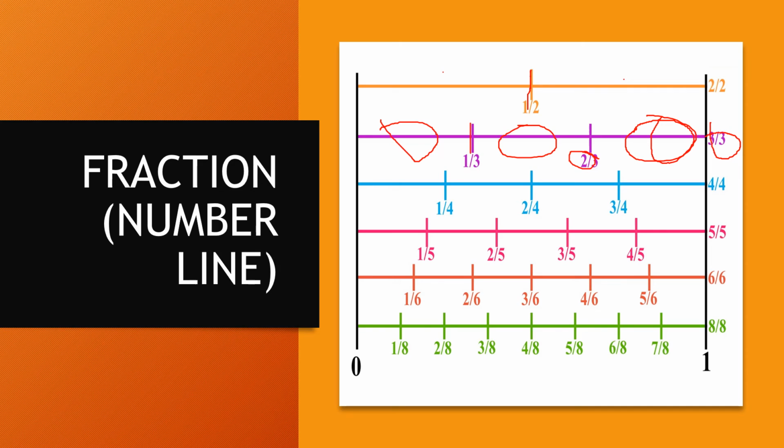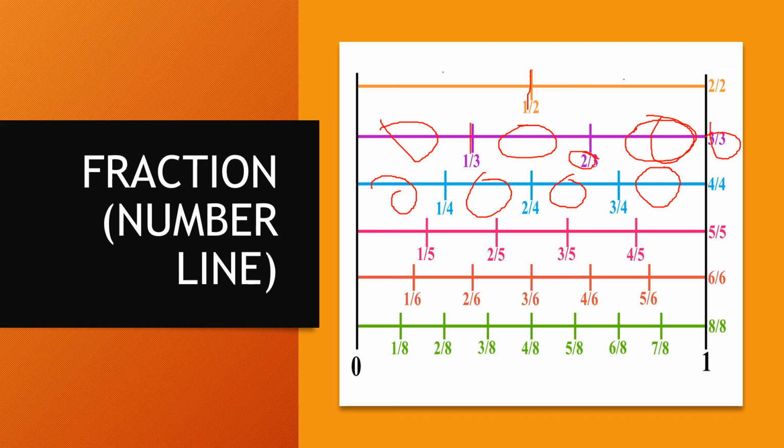If you look at the blue color line, the bottom number is 4. How many groups there? Let me look. 1, 2, 3, 4 groups. Clear, guys? If you look at the red color line, the bottom number is 5, which means how many groups there, guys? 1, 2, 3, 4, 5 groups.